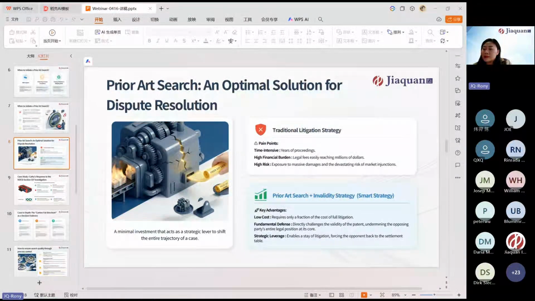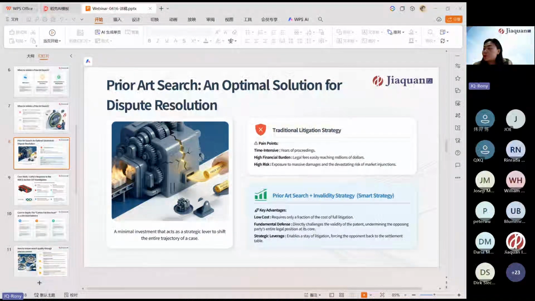Our client was ultimately ruled by the court to have infringed, requiring compensation of several million RMB. In fact, before this, we had already tried to invalidate the patent, but in the first proceeding, we failed. However, we didn't give up and continued searching.